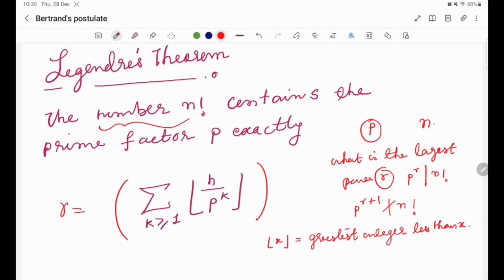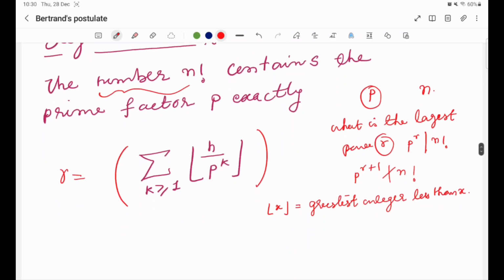We have been studying this in small classes. So what is the greatest integer of 2.5? It is the integer which is not more than 2.5, that is 2.